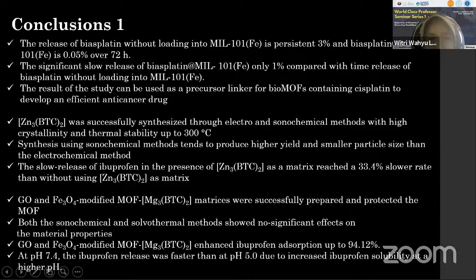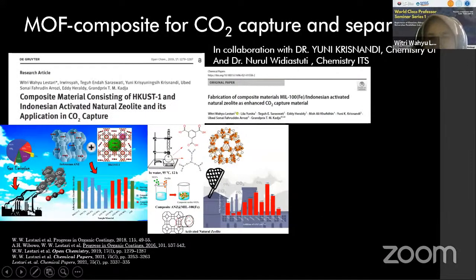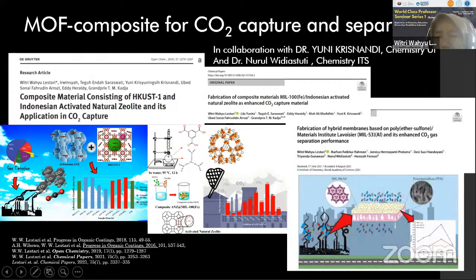And here I would like to speak about the results in the field of CO2 absorption and adsorption. We also try to combine the MOF itself here with zeolite, and also with an organic polymer, for CO2 capture.